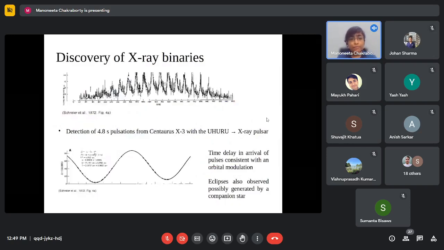To give you a bit of history, when they were first discovered, how do you get to know whether they exist or not? One of the ways they were first discovered was by looking at them in something called X-ray binaries. There are objects in the sky which are very X-ray bright, and very early X-ray telescopes saw these bright X-ray objects.